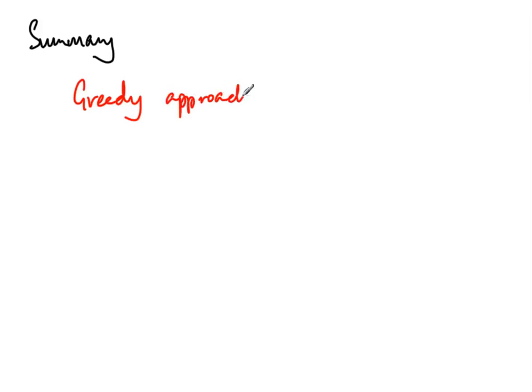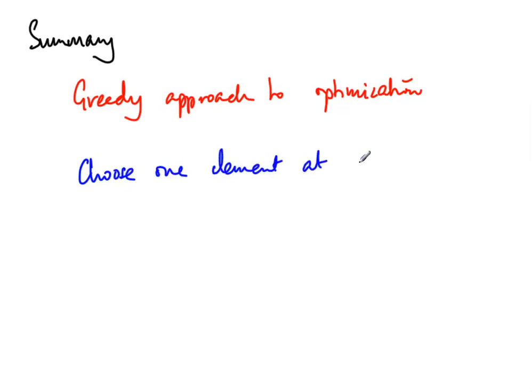Right? So to summarize, okay, so we have this greedy approach to optimization. So what we do is we choose one element at a time by some local criterion.